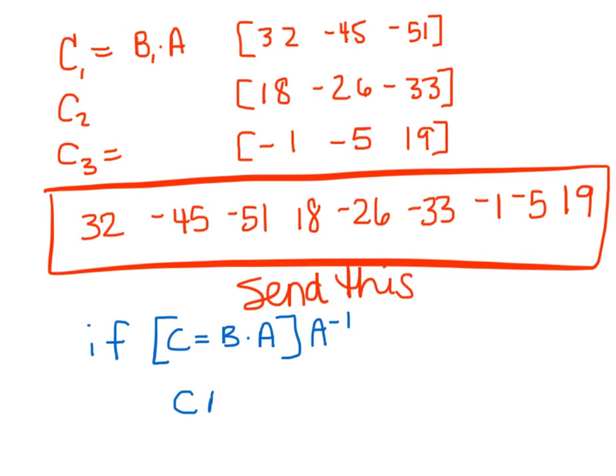Then C times A inverse would equal B, the original numbers, okay? So that's what we're going to do. We're going to take the code times A inverse. Because remember, inverse is just undo whatever the original did. So we're going to undo it. And you just have to get your order correct, okay? And of course you've got the inverse button on your calculator and it all works out great.